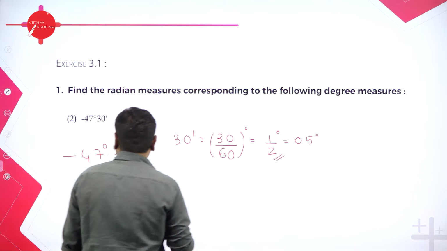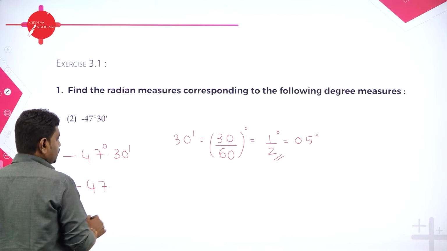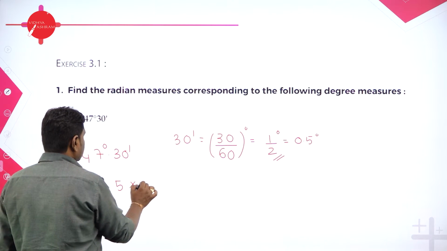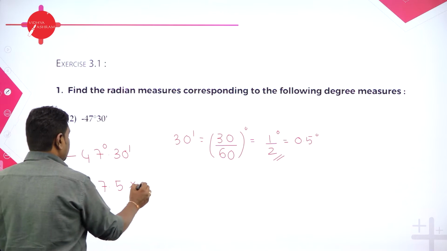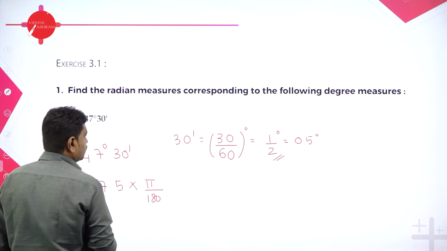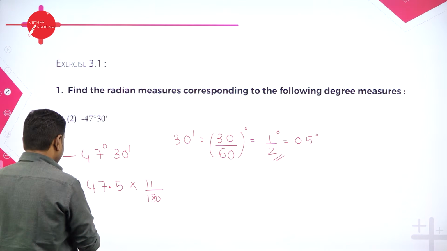So now minus 47.5 degree into pi by 180. Both are divisible by 5. Divide it, then further you can convert.